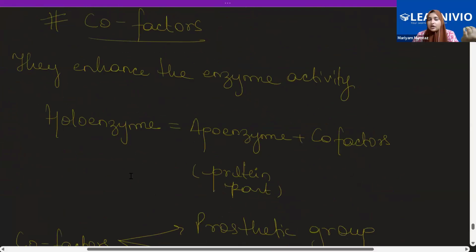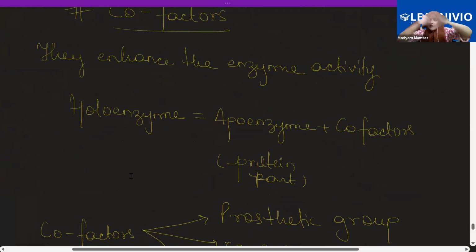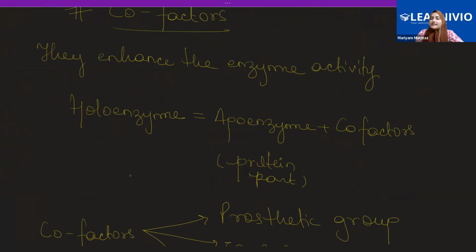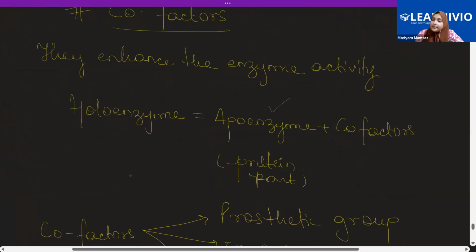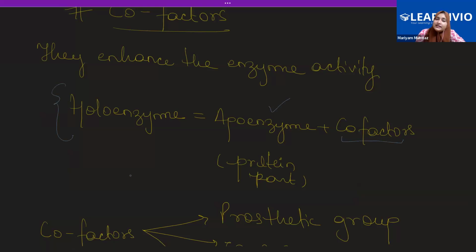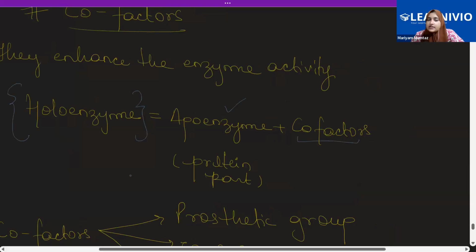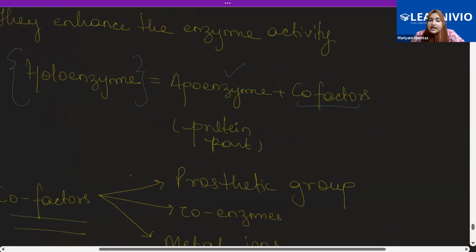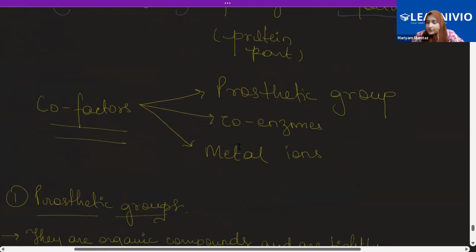For example, a holoenzyme means a complete enzyme that has a protein part called the apoenzyme, which combines with the cofactor, and then you get a completely working holoenzyme. These supportive agents are of three types: prosthetic group, coenzymes, and metal ions.